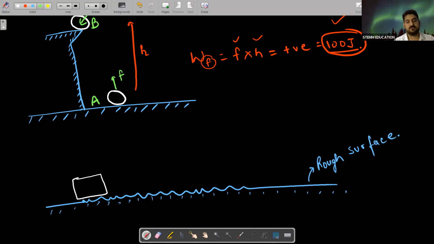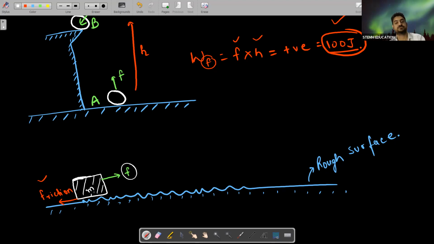If I apply a force F on this block on the rough surface, the block is going to move in this direction, but it is being held back by the friction force. So this friction force is trying to stop the block from moving. The block has a mass m, and it is trying to move rightwards, but the friction is trying to stop it.